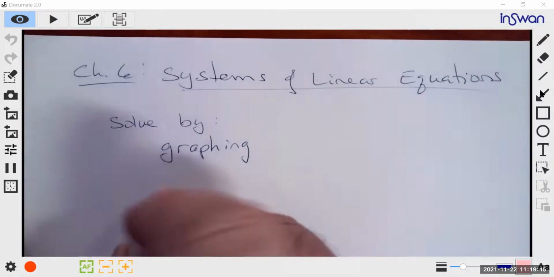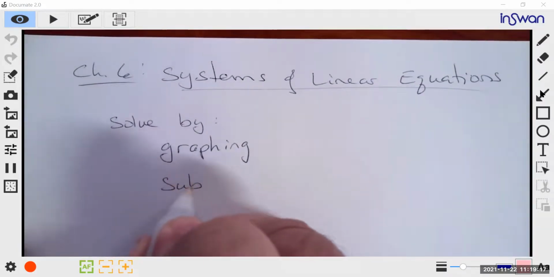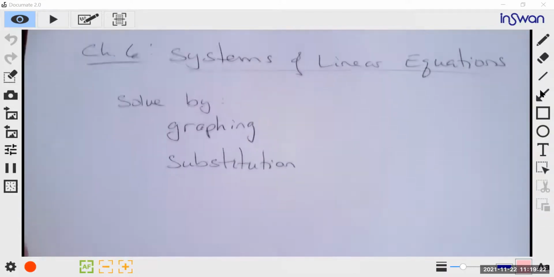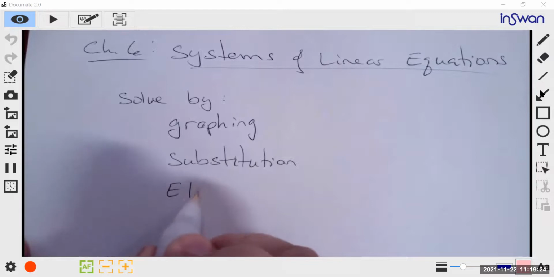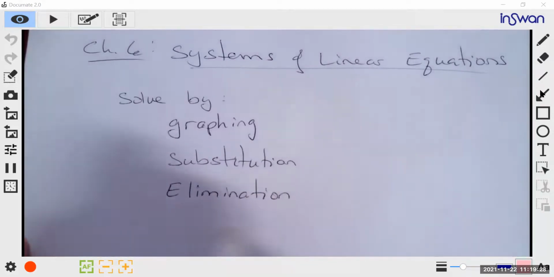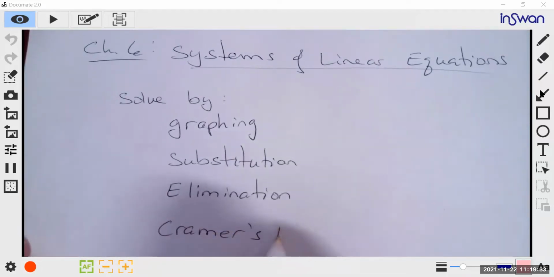We can solve by graphing, substitution method, elimination method, and Cramer's rule.